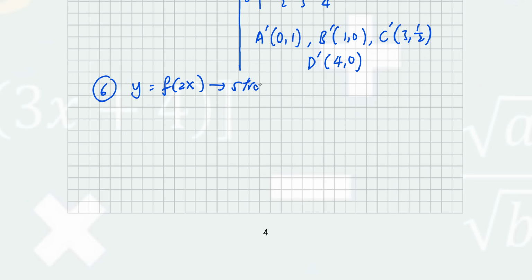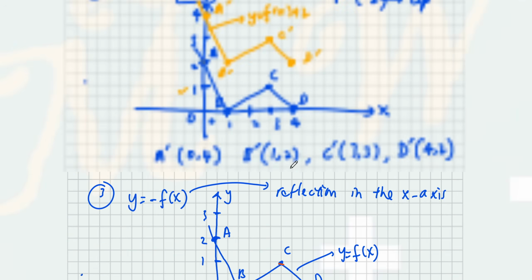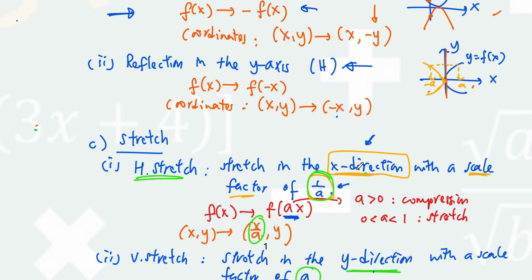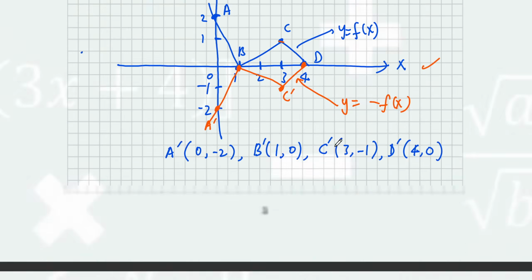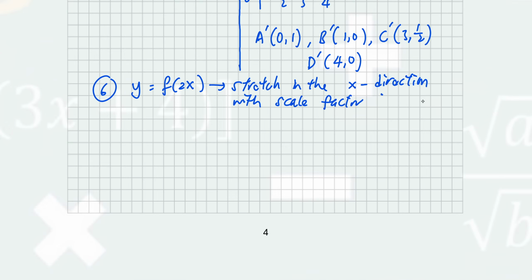So this is stretch in the x direction with scale factor, okay, let's check. When f(2x), see here, 1/a. When f(ax) is 1/a. So that means now this is half because here 2x. Okay, so now I will resketch a graph.